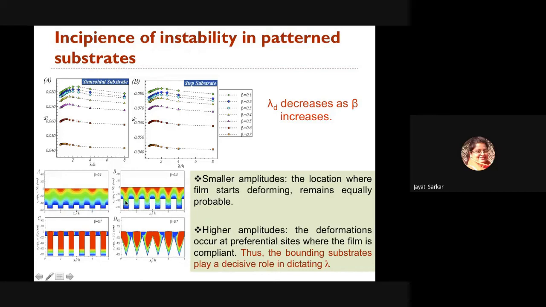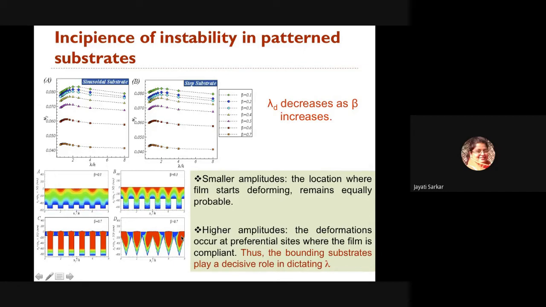Whereas when the pattern amplitudes were very high, it can be seen that the instabilities were initiating at the regions where the thicknesses were very high, or where the film was very compressible. So the wavelength of the pattern was in some way dictating the wavelength on the top surface, and for the same amplitude of beta 0.7 over a sawtooth profile and over a step profile, you can see that the wavelength can change.